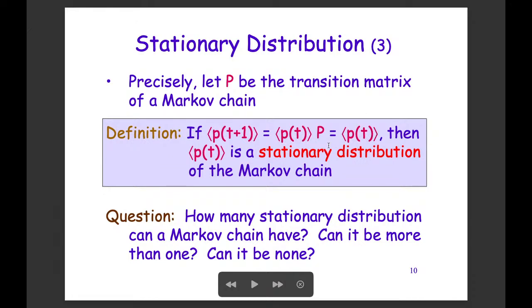And we have a formula for computing pt plus 1 based on pt, which is by using this one. So if pt times P is equal to pt, then that means it is a stationary distribution. So how many of them? Some have, some don't. It can be more than one. It can be exactly one.